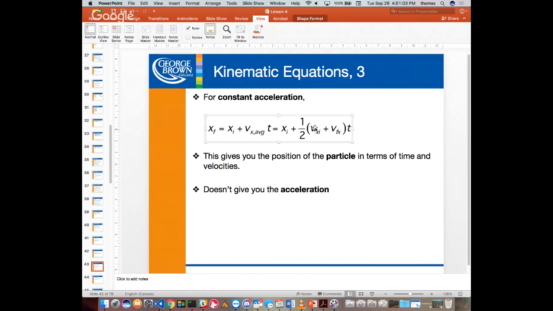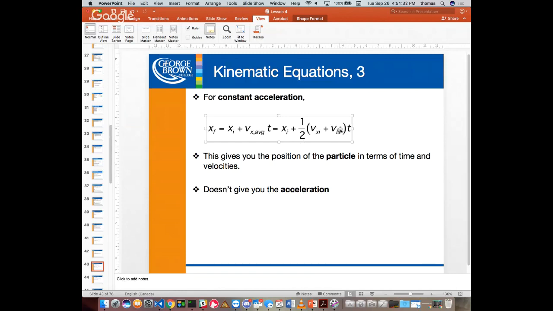And sometimes we need to do this because of the kind of question we're getting. We might say something like this: your velocity starts off at 3 and then it ends up at 5 in 2 seconds. Then what is your final position if your initial position was at the origin? Then you just plug in those numbers. The initial position means origin, which means 0. So my x initial will be 0. And then I would take the second way of looking at the equation.